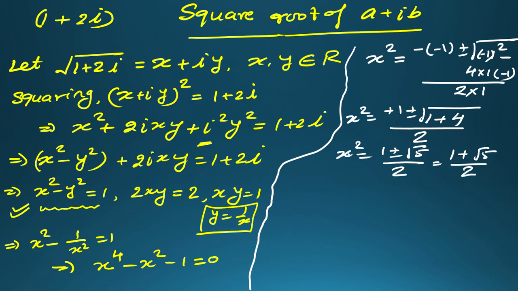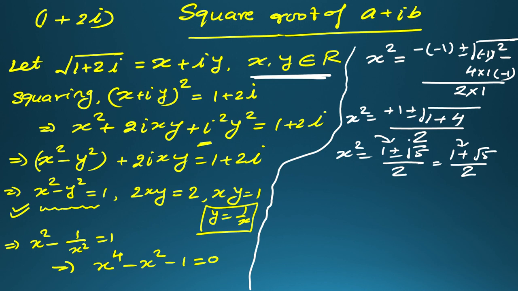Why? You can see I have written plus minus, yes, but after that I have written plus only; you cannot take minus. Please pause the video here and write your answer in the comments as to why you cannot take the minus sign here. The simple answer is that I have written that x and y are real numbers. Real numbers means their square cannot be negative.